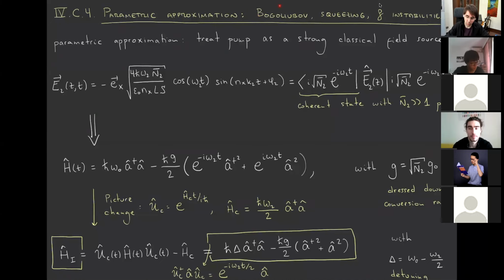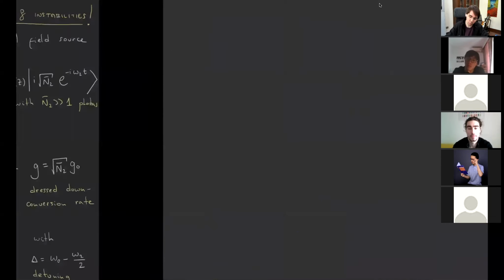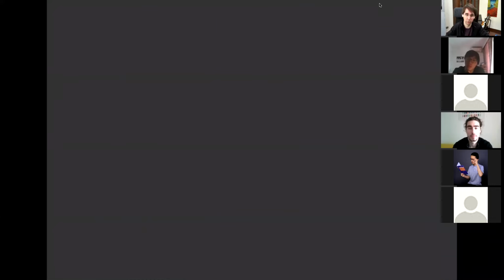But actually Bogoliubov theory is something that has its full power when we have many modes, okay? And then with many modes, we can use this Bogoliubov theory to understand analytically this kind of quadratic Hamiltonians. But for a single mode, let me just introduce Bogoliubov theory or the Bogoliubov transformation.